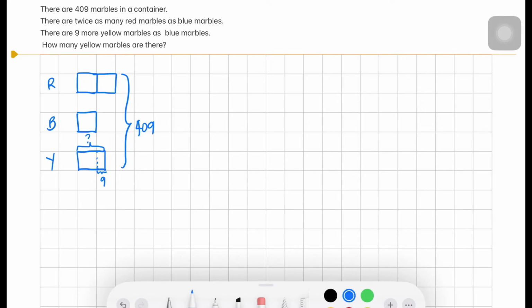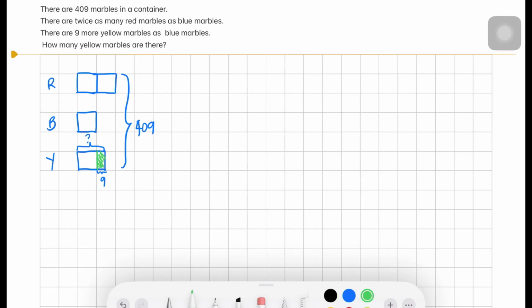Earlier, if you remember, the model is less than 1 unit. That's why we added to complete the unit. This time, we will try to remove, okay? Remove this extra 9 so that we will have equal units.